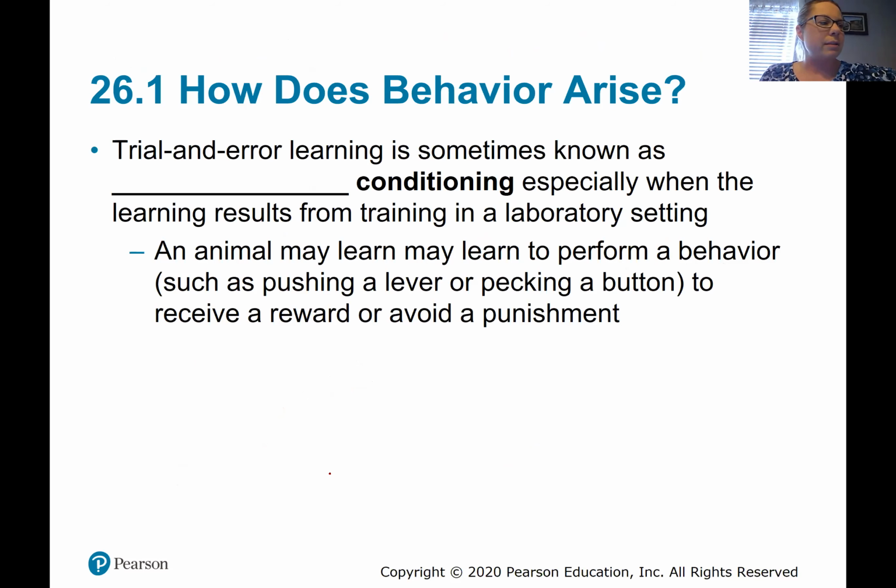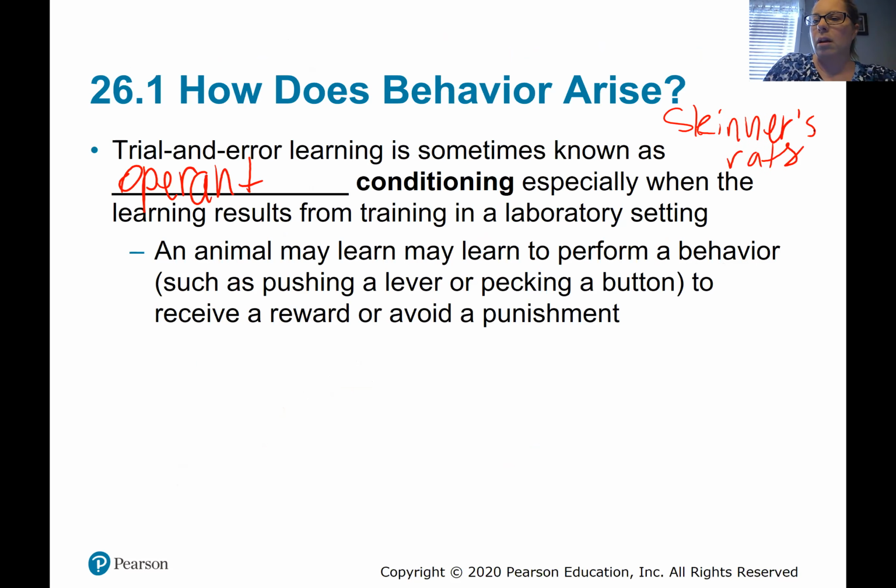Trial and error is sometimes known as operant conditioning. And if you've studied Pavlov's dogs, chances are you've probably studied Skinner's rats. That's where the rats learn to press a lever to get the food reward that they wanted.